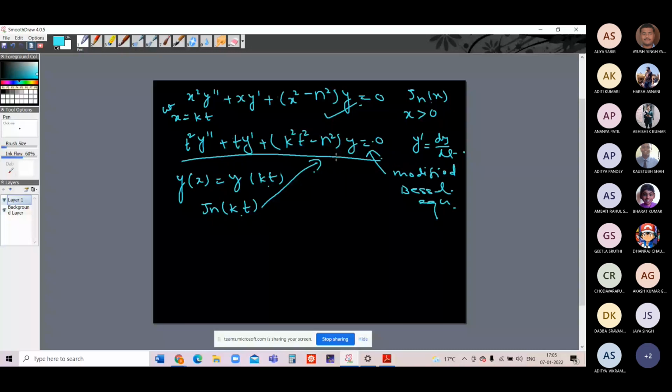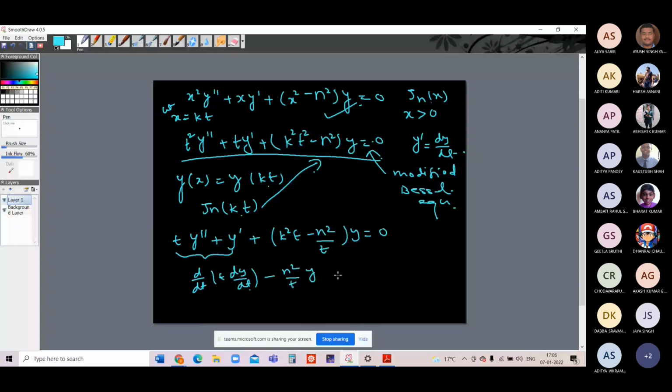This differential equation can also be written as t y dash plus y dash plus (k square t minus n square by t) y is 0, and this part can be written as d by dt of t into dy by dt, and n square by t y. This is q(t) here, and plus k square t y is 0. Here this k square is the parameter lambda. Lambda is k square here.